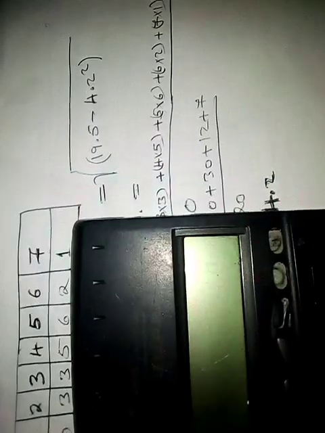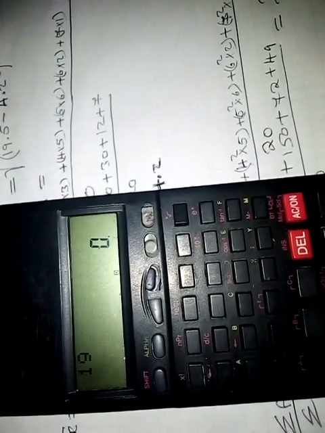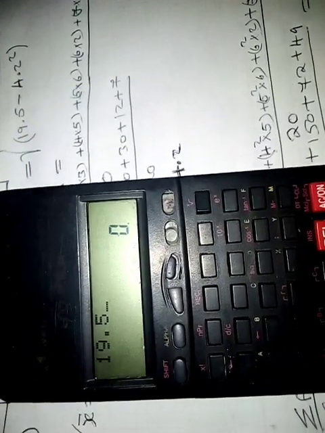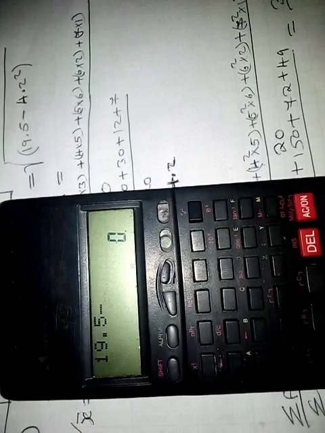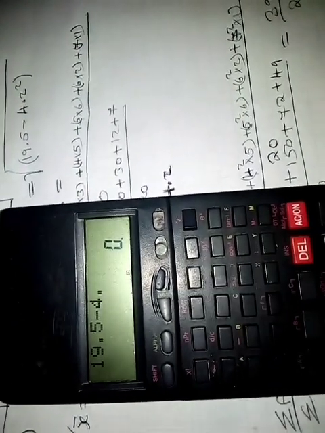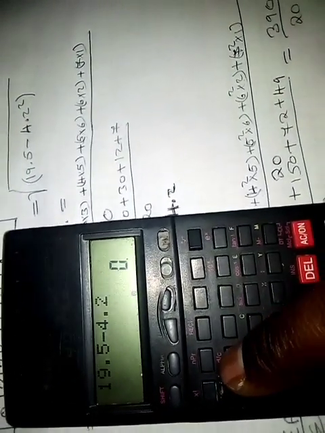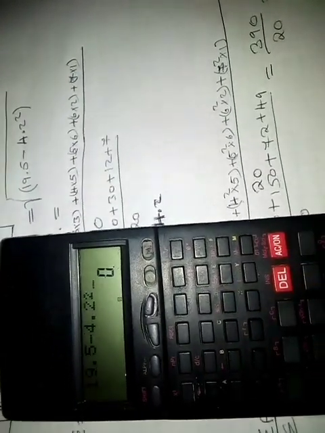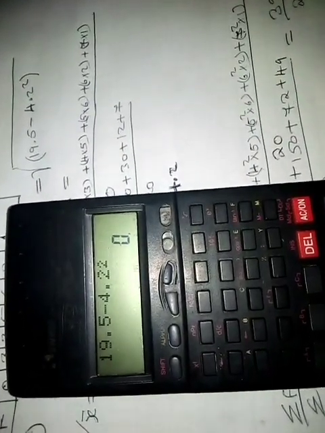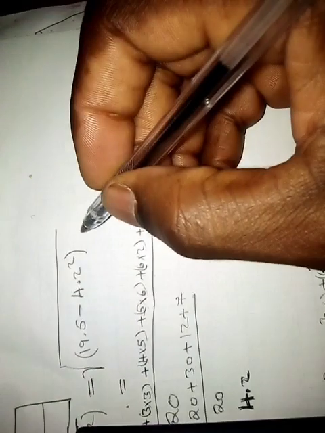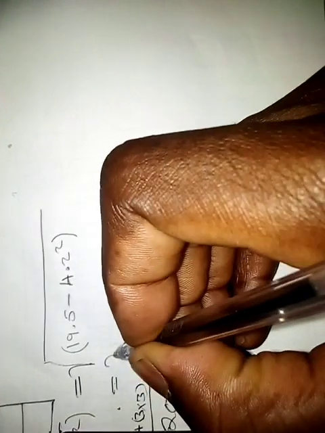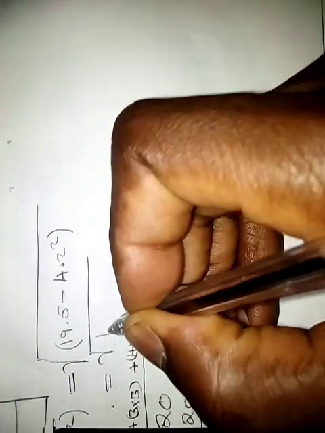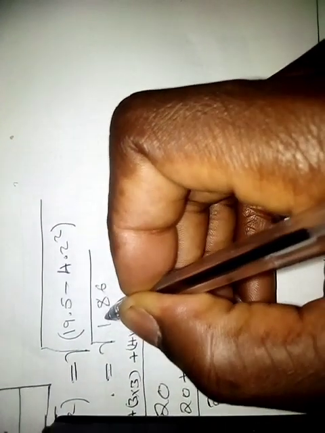So we're going to say 19.5 minus 4.2 squared. See the difference there? So we're going to have 1.86. So we're going to write inside the square root, we write 1.86.